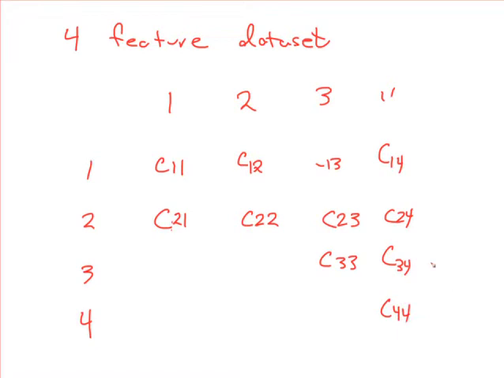I can even go one better, and you can say, well, why am I not filling these in down here? That's because the values end up being the same. It doesn't matter if we look at how feature 1 and 2 are correlated in this way, or how they are correlated here. We get the same value.